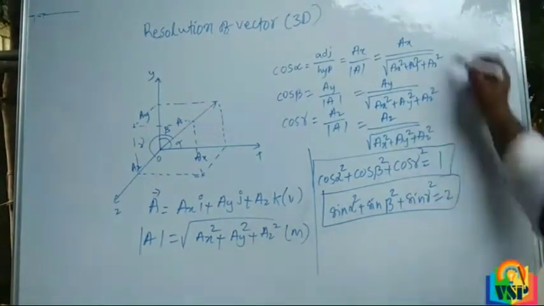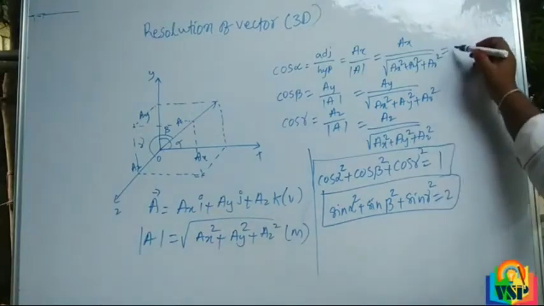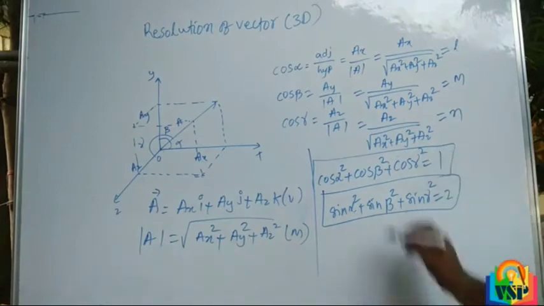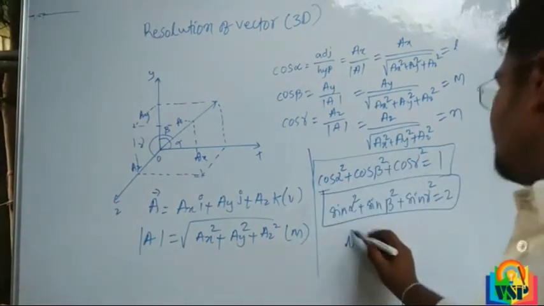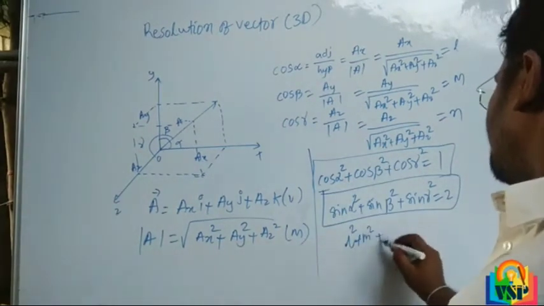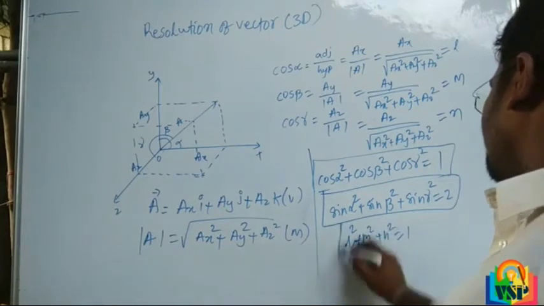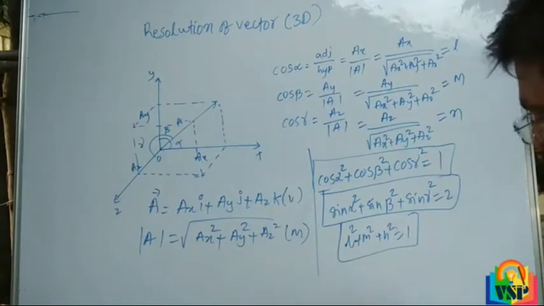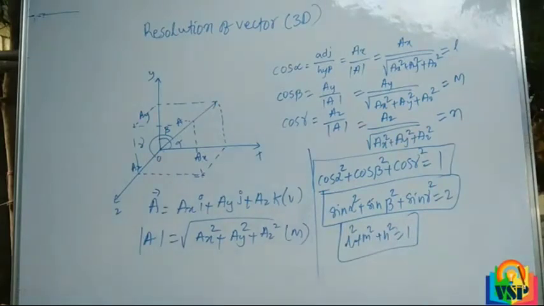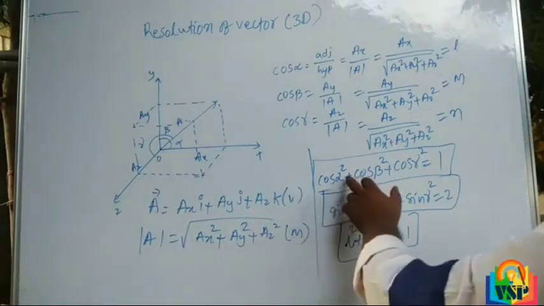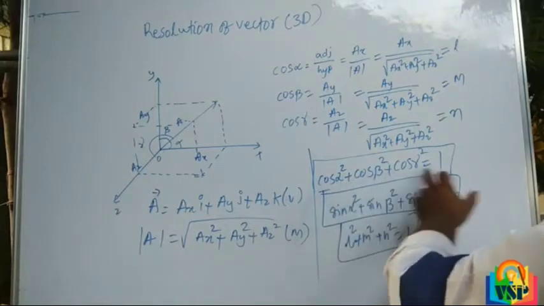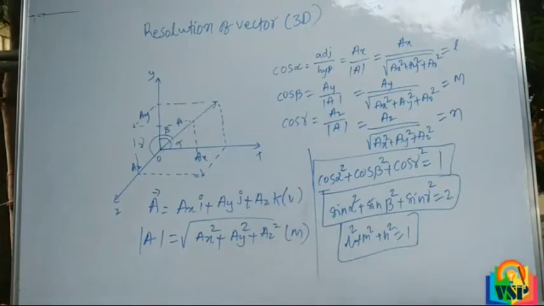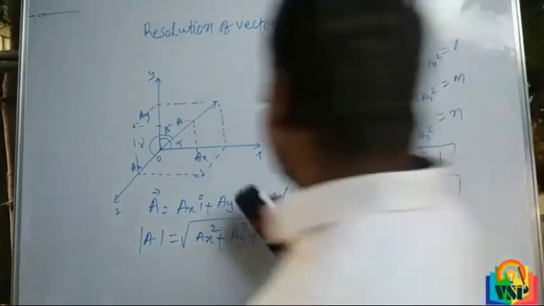Instead of this we can take l, m, n. So l square plus m square plus n square is equal to 1. This formula will come in mathematics. So how does cos square alpha plus cos square beta plus cos square gamma equal 1 come about?